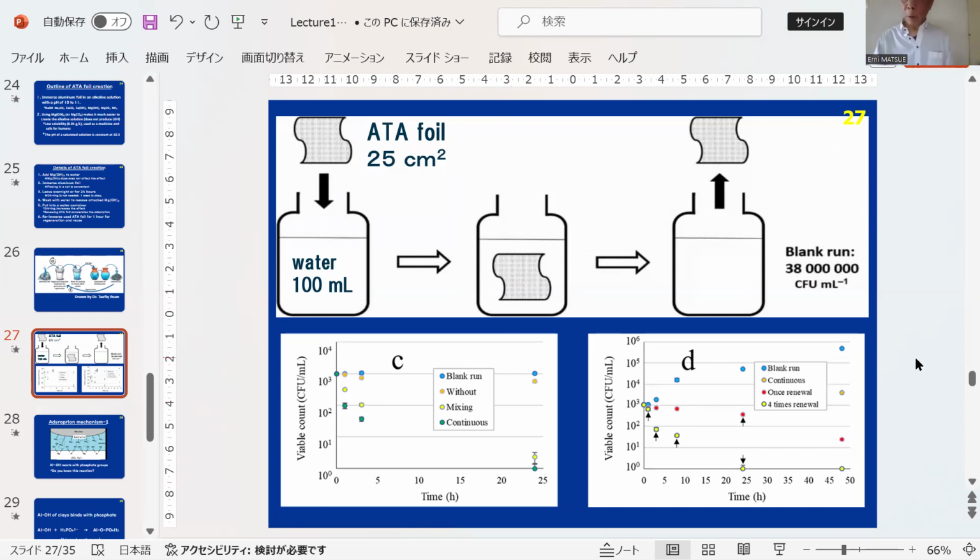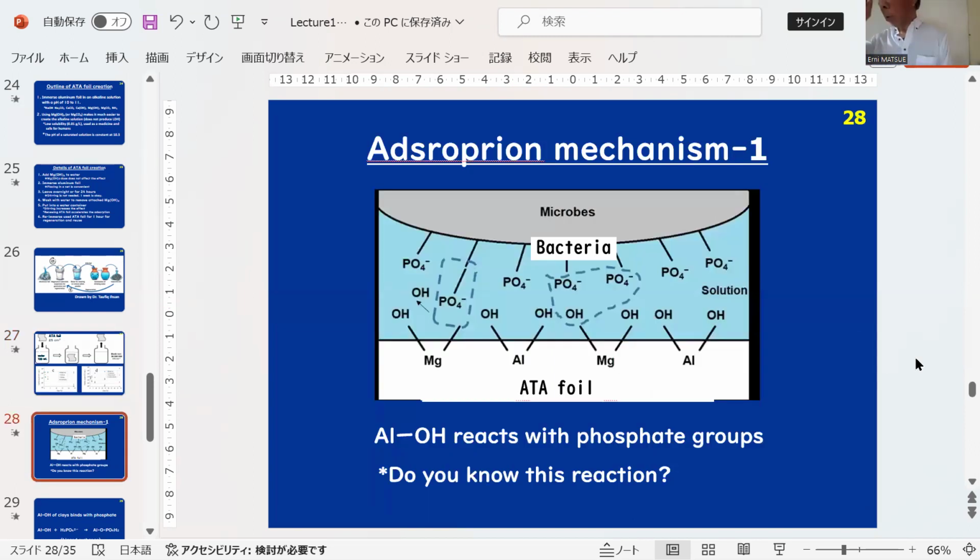So next is the mechanism of the adsorption. Bacteria have phosphate groups on the surface. I asked some specialists of microbes.